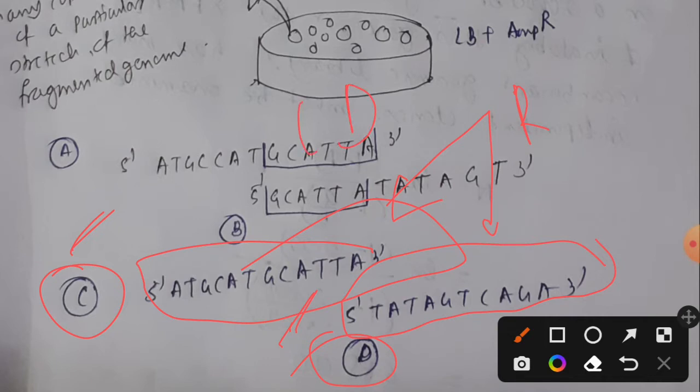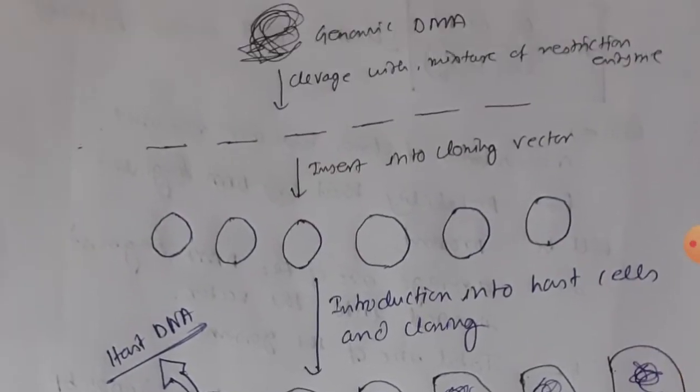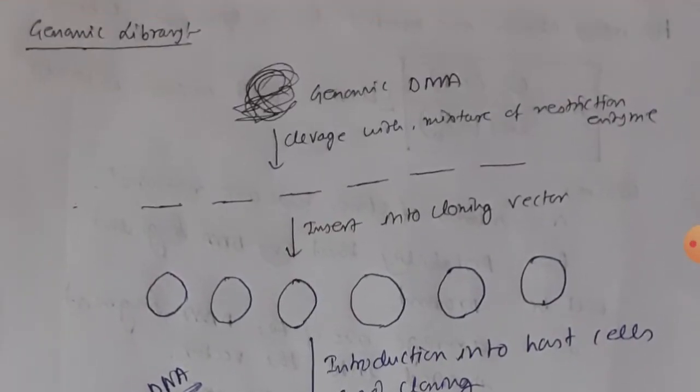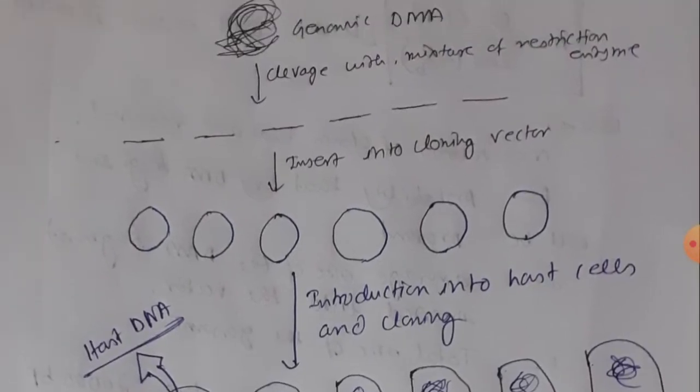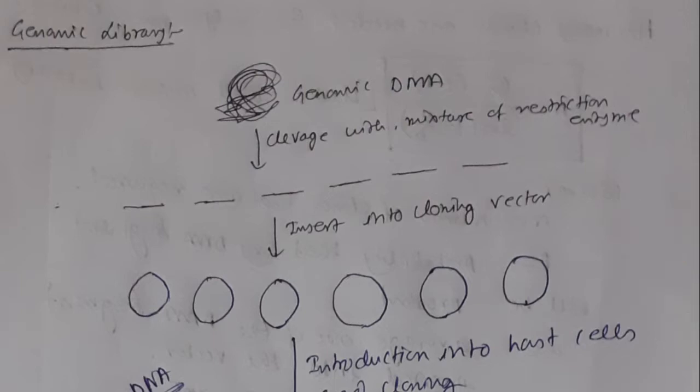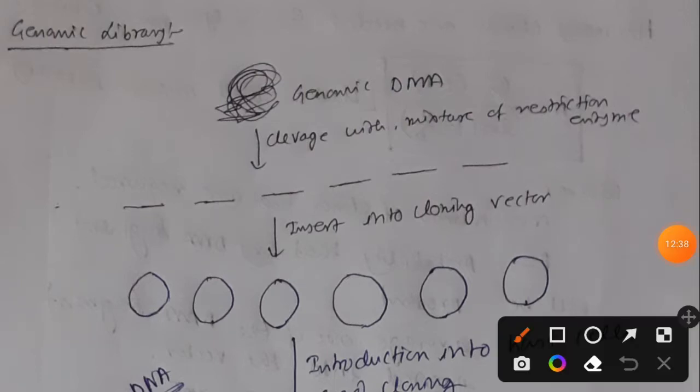Is it possible? No. That is why, whenever we require the entire genome from the genomic library, if we cleave our entire genome with a mixture of restriction endonucleases, then in future this cleavage will help us to construct the entire genomic DNA again. So that is the idea.